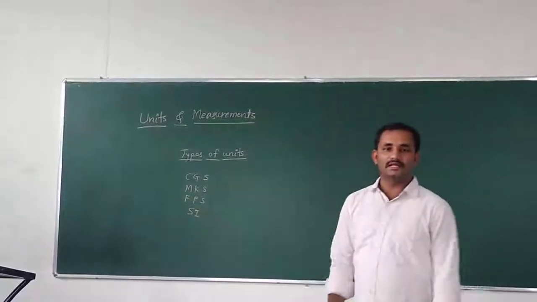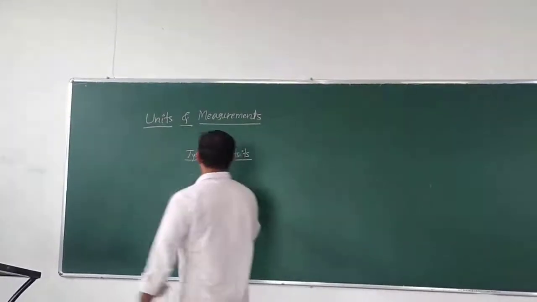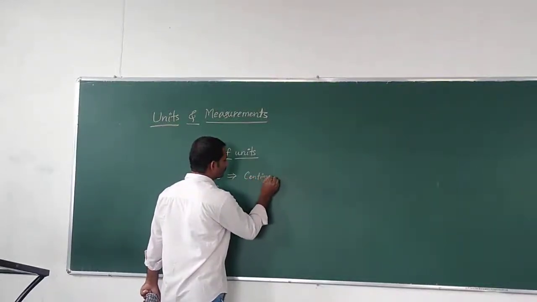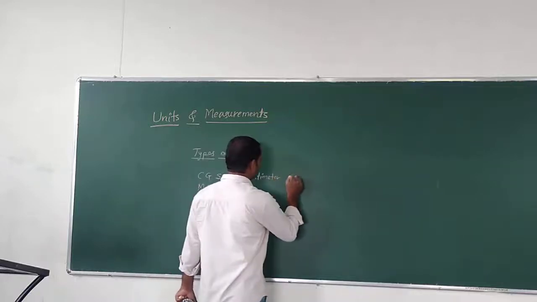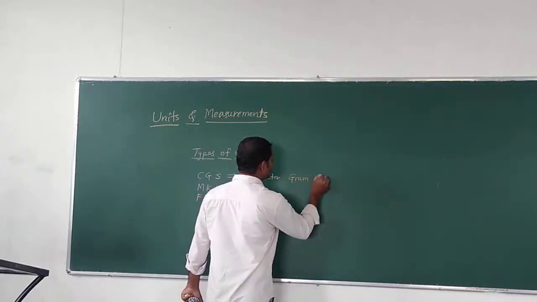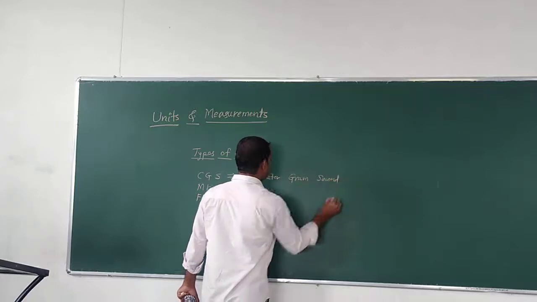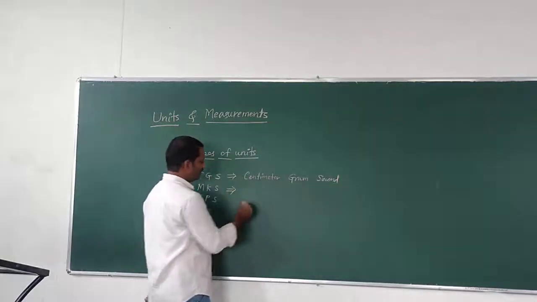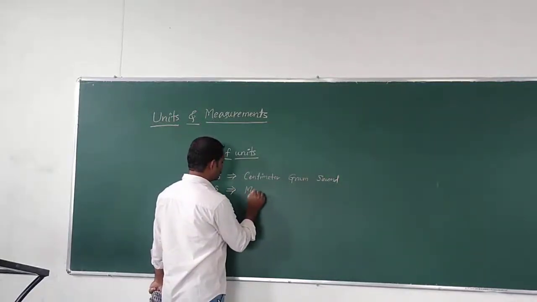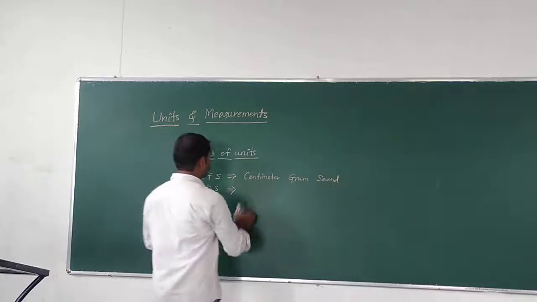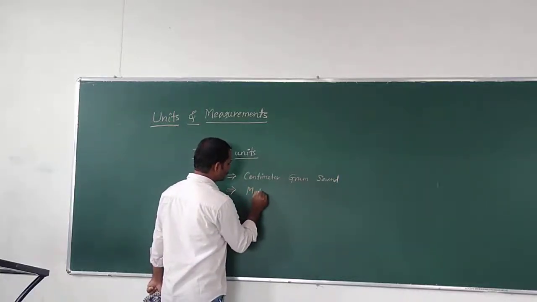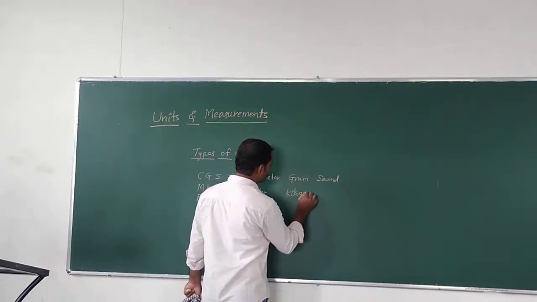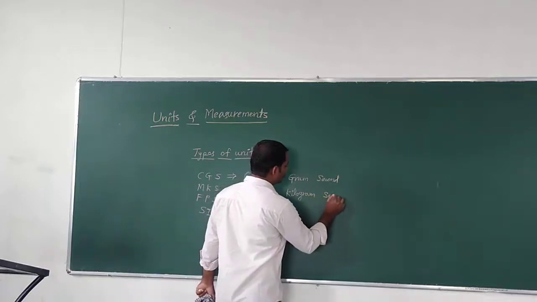तर तुम्ही लास्ट लेक्चरला बघितलाय. What is CGS unit? So this is centimeter, gram, second. Centimeter, gram, second. CGS unit. Then MKS unit, meter, kilogram, meter, kilogram and second.